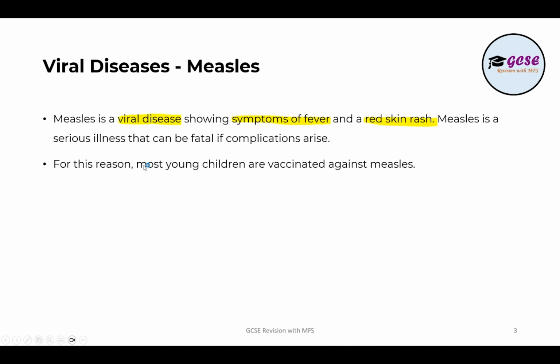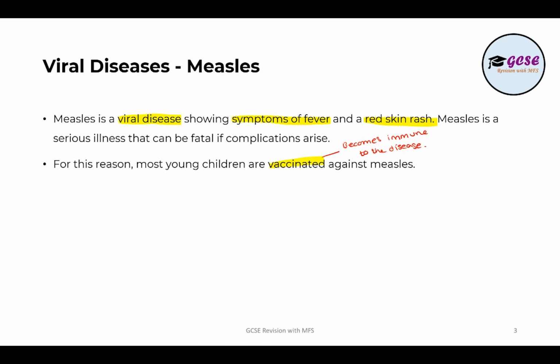For this reason, most young children are vaccinated against measles. Again, vaccination is a whole topic in the biology section. Vaccination means that the person who's had the vaccine becomes immune to the disease.